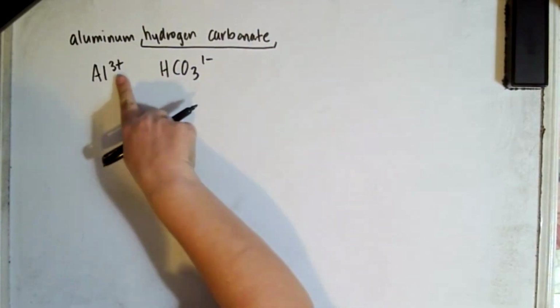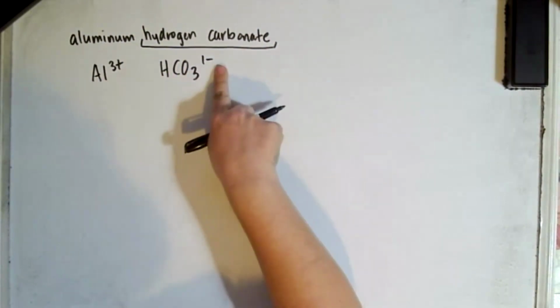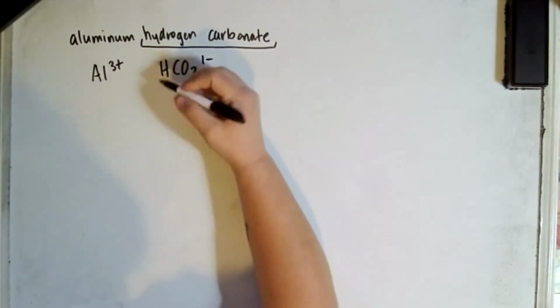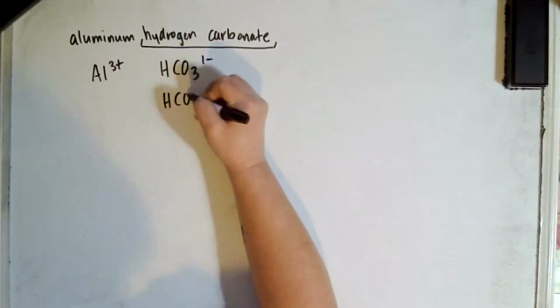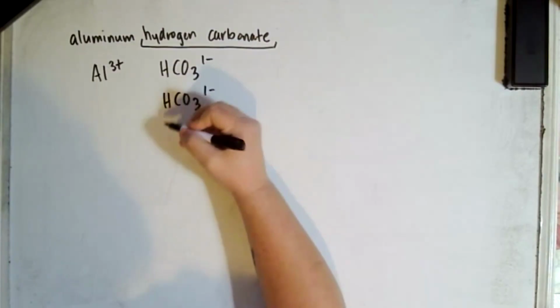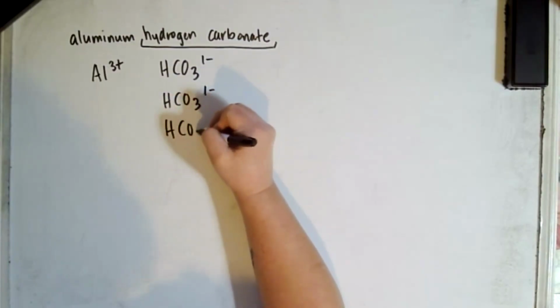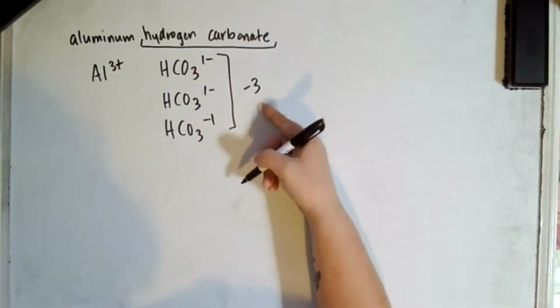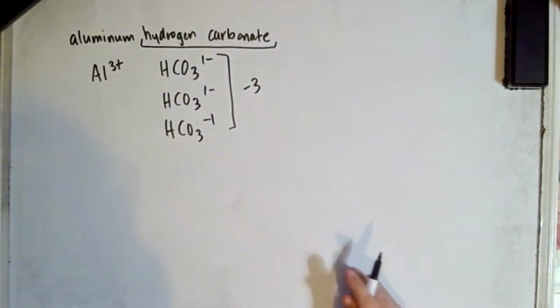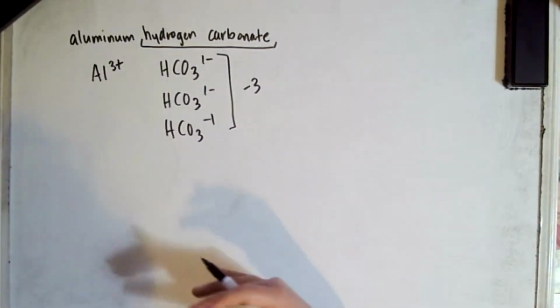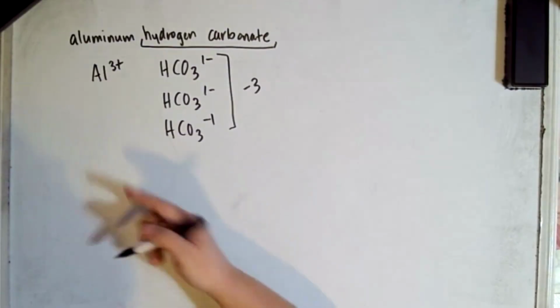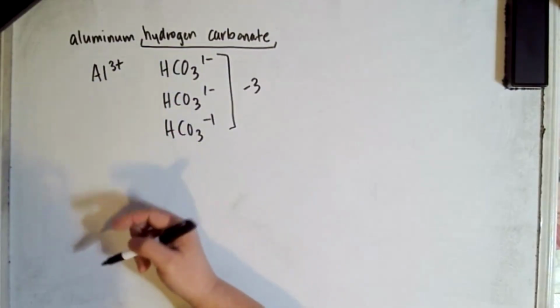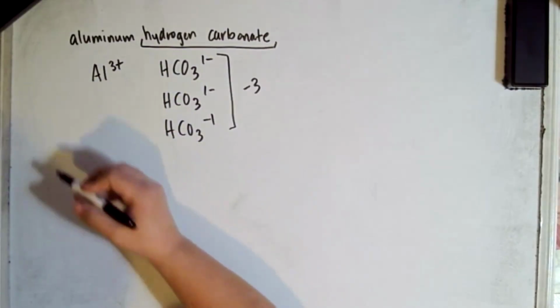So I have a +3 charge here and a -1 charge here. So I'm going to need 3 of these things to make my negative charge equal to my positive charge. When I go to write down my formula, it has to reflect 1 aluminum and 3 hydrogen carbonate ions.